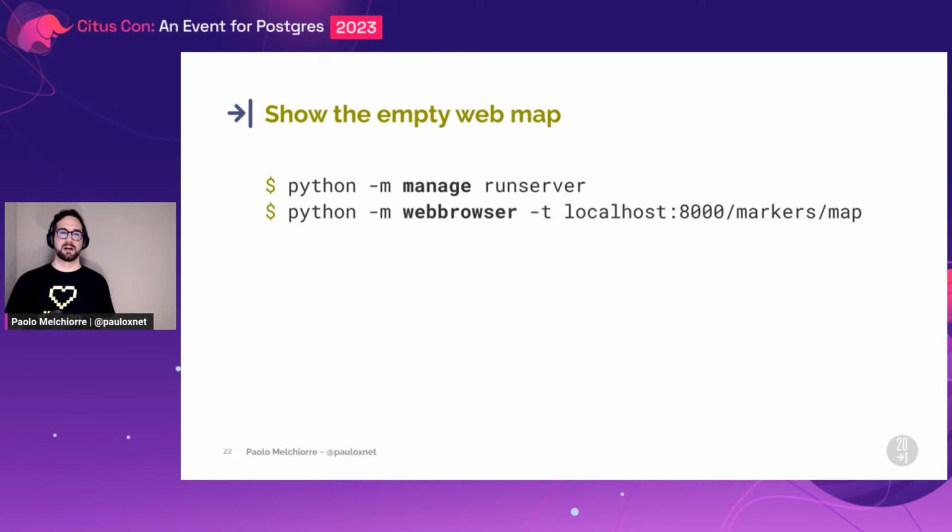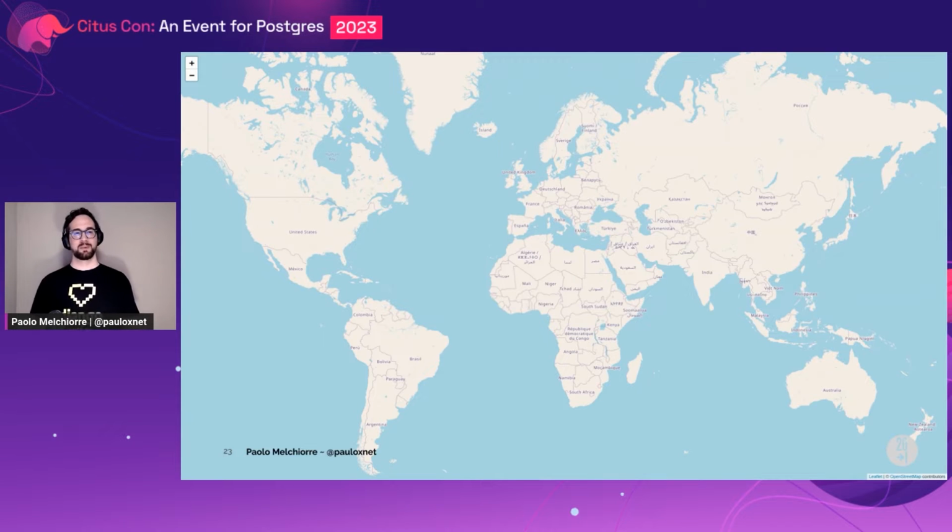We can now start our Django project with the runserver command, and we can finally visit our map page in the browser. Okay, we just created an empty map with Django, and the result is pretty much what you see now. A map without markers showing the whole world.